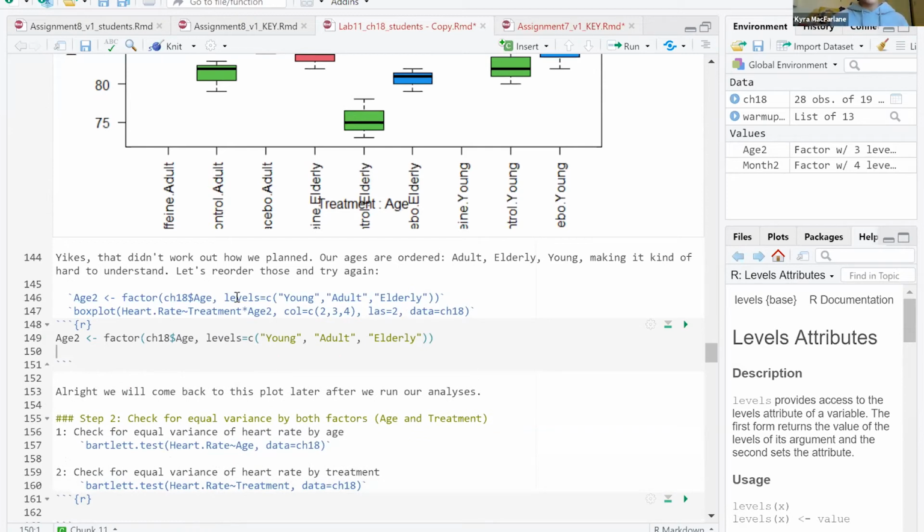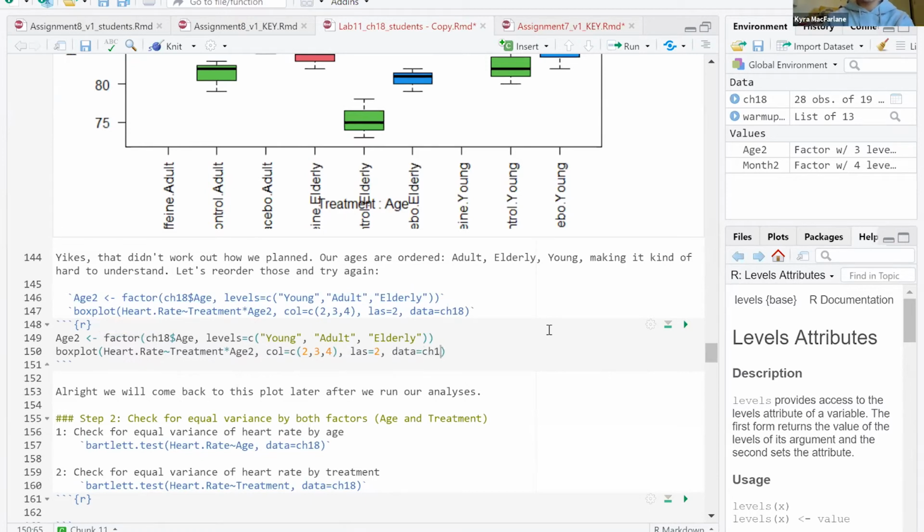So now let's make a box plot using our new reordered object. So box plot, heart rate by treatment and age 2. So treatment is our color, age 2 is on the x-axis. The colors that we're using, we're just going to do the 2, 3, and 4 again. LAS equals 2 to rotate them vertically like this, because if we did them horizontally, they cover each other.